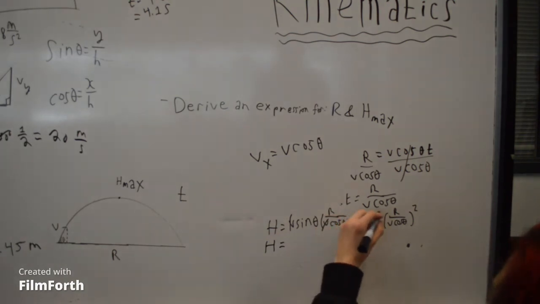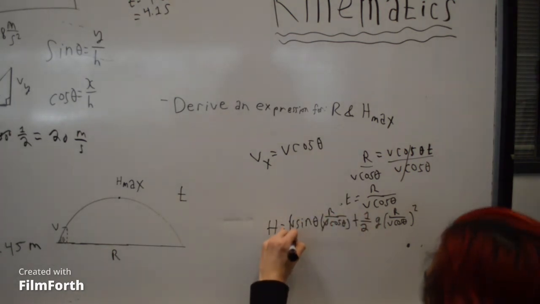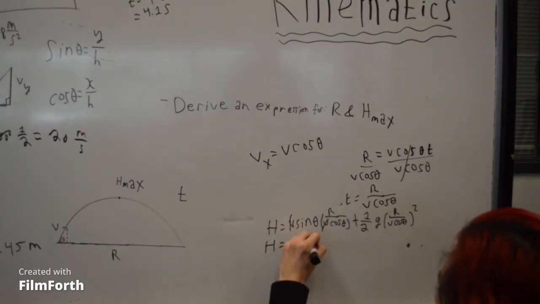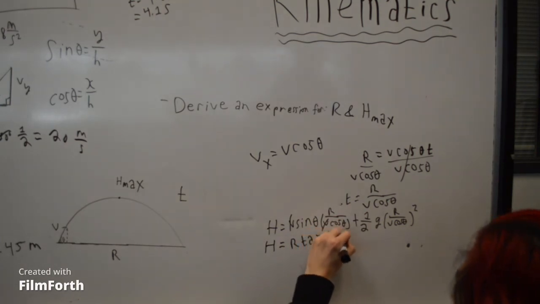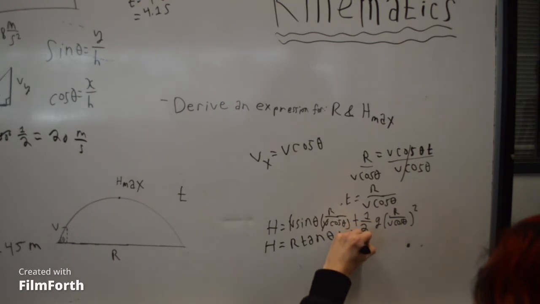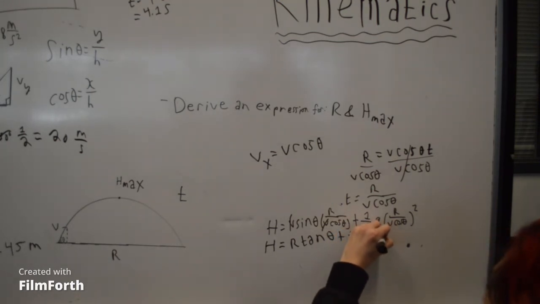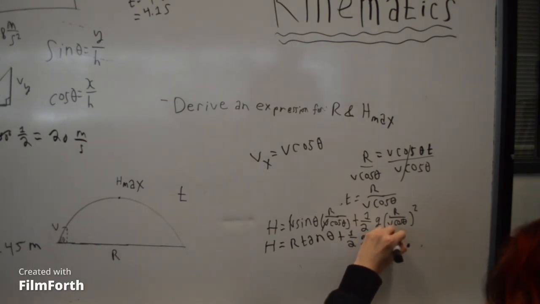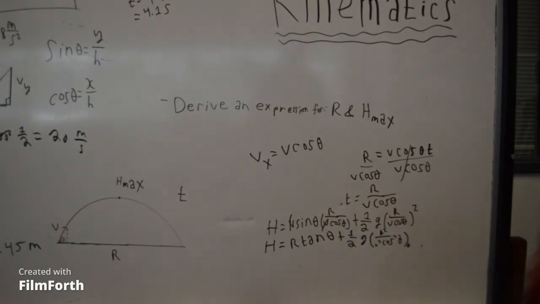So after all this, we get that h equals r tangent theta plus half g multiplied by r squared over v squared cos squared theta. Okay, good. Now we have an expression for our height.